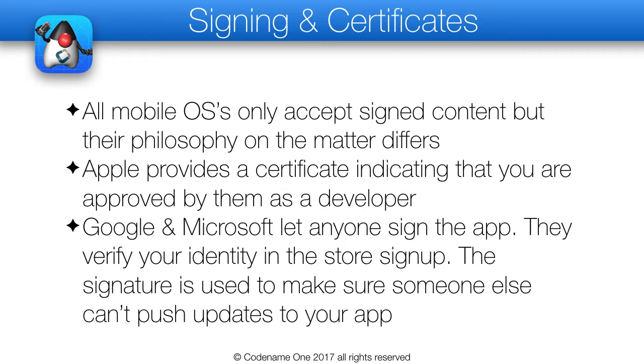So I can create my own certificate, and I'm just saying, hey, I can call myself Bob. It doesn't matter. But once I upload an app to the store with the Bob certificate, from this point on, only the Bob certificate can provide an update for that app. Otherwise, that app will not update.